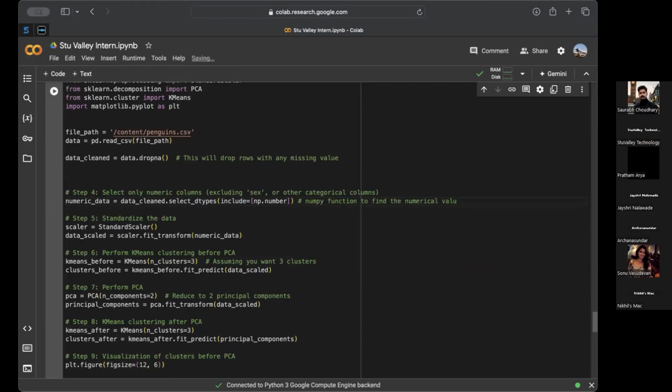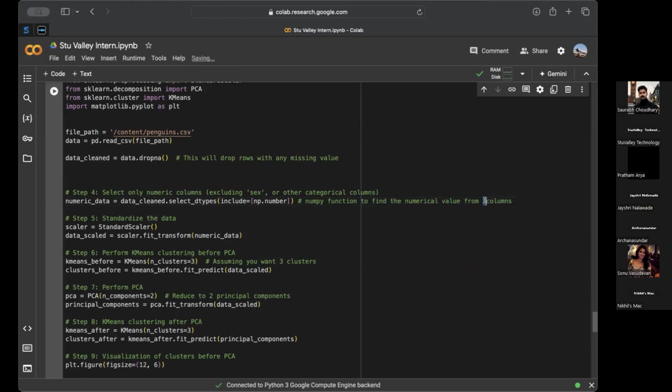Numerical value to find numerical value from where? Find numerical values from... select only numerical columns excluding sex or the categorical.